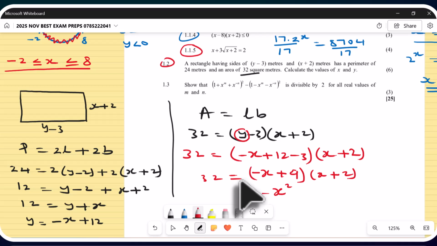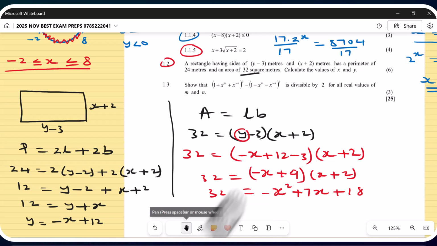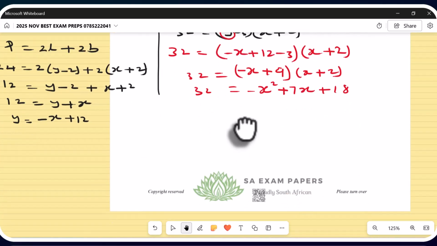Here, what are the factors now? The factors that give me 14, and when it gets negative, negative 7. Do I have those factors really? Do I have them? What are those factors now?